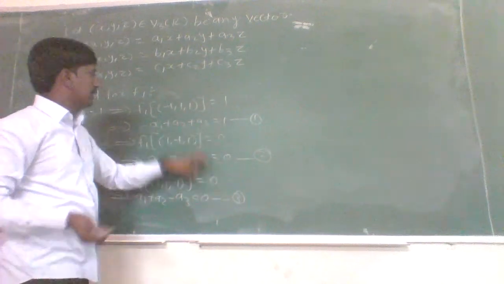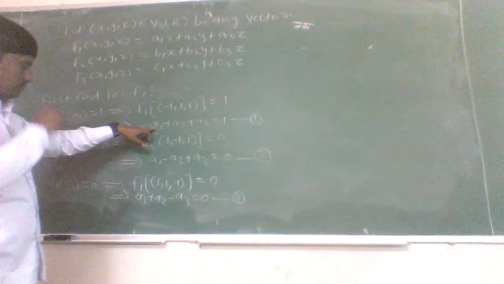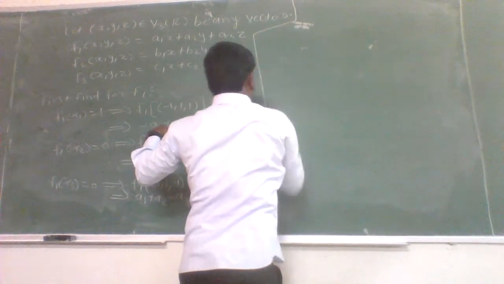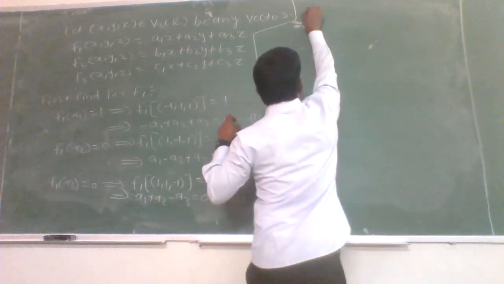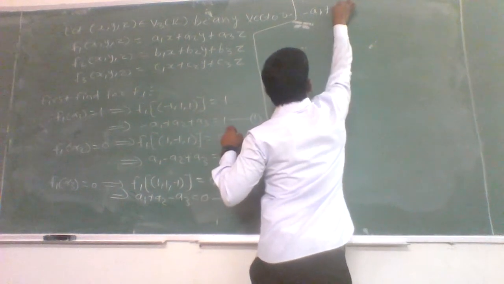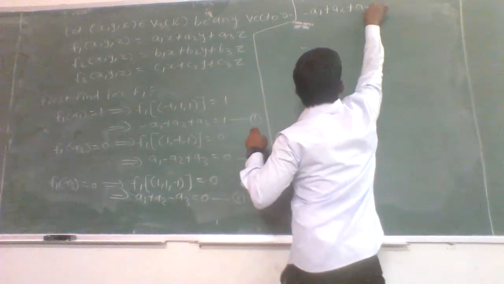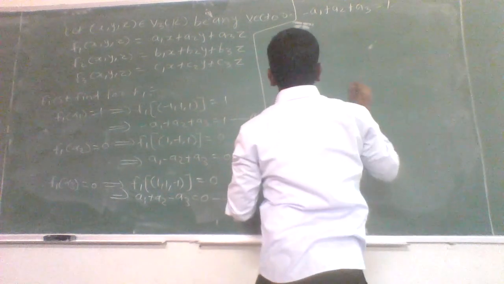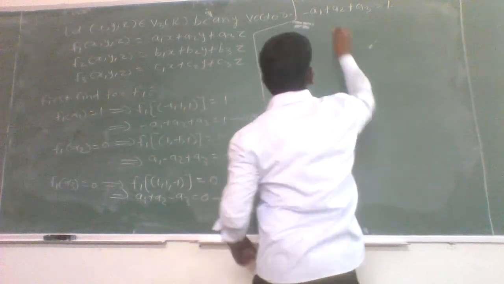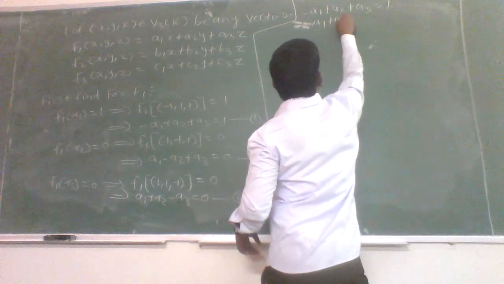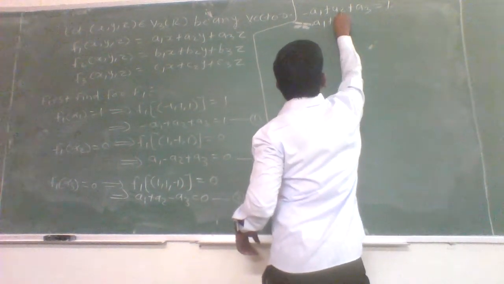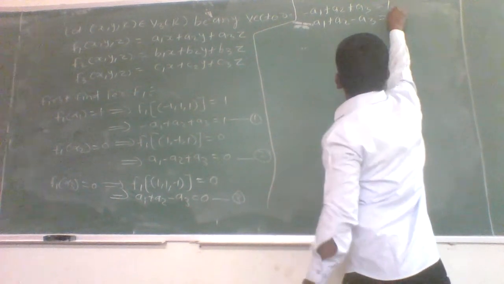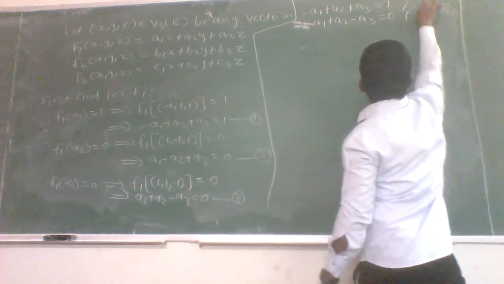Now, from 1 and 3: minus a1 plus a2 plus a3 equal to 1, and a1 plus a2 minus a3 equal to 0.